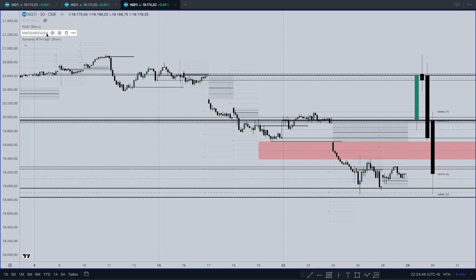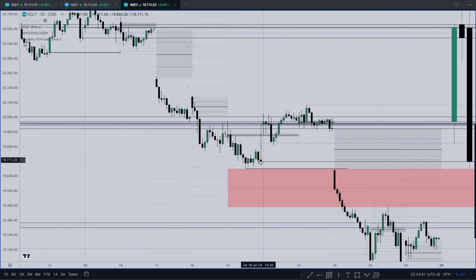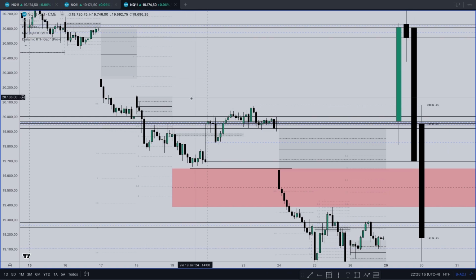I'm going to take this, and this was the opening from Friday to Monday. Look how we got higher, and we just opened higher. We retraced to the 50%, the consequent encroachment of this Monday regular trading hours gap, and moved higher to reprice this gap here from the previous week.